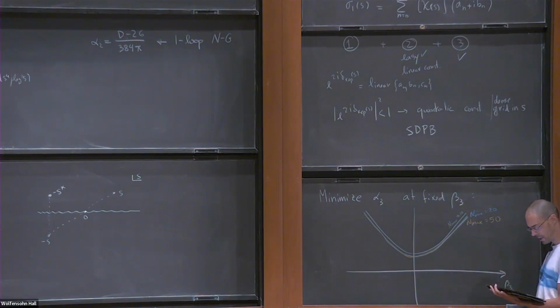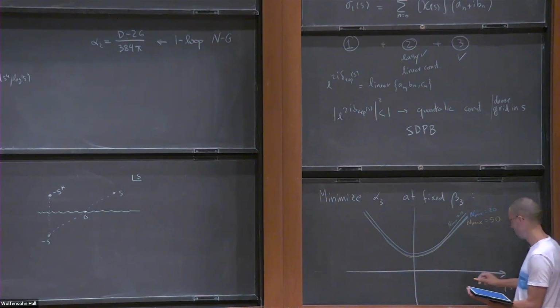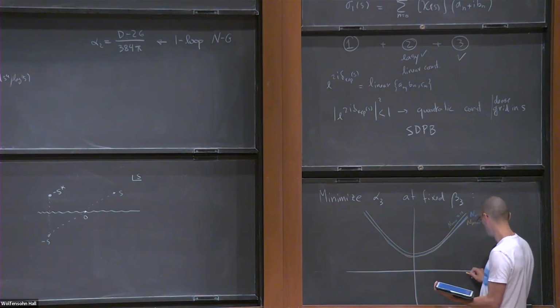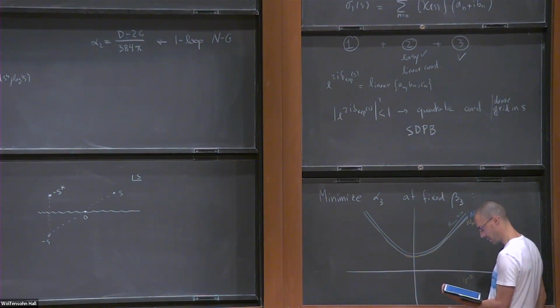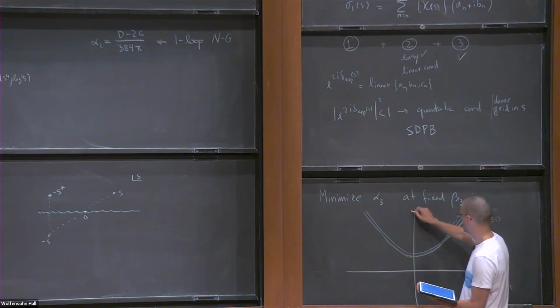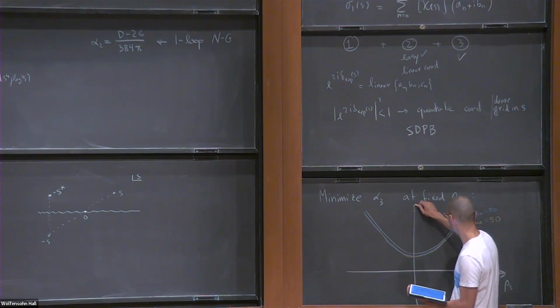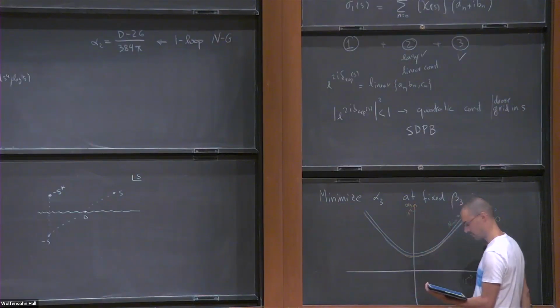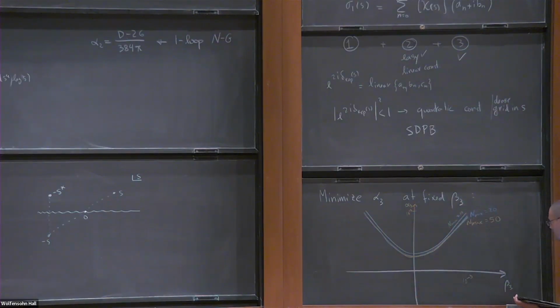Okay, and if you want order of magnitude, this is like 10 to the minus 3 with my definitions, something like that. And similarly here. So this is alpha 3. It's not very important what these numbers really are.